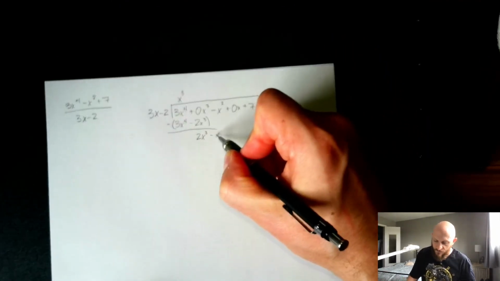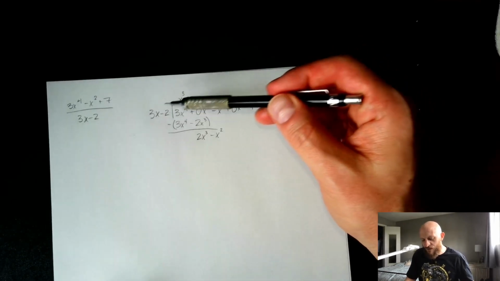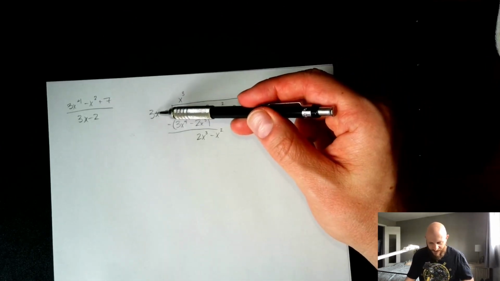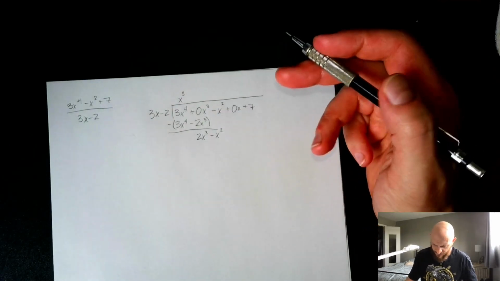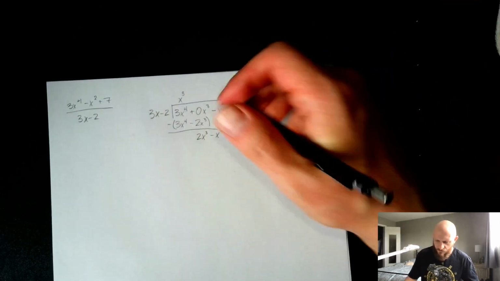Bring down the squared term. What do we have to multiply 3x by? Ooh, yeah, this one's going to get nasty fast. What do we have to multiply 3x by to make that 2x cubed? Well, what do we have to multiply 3 by to make it 2? 2/3.